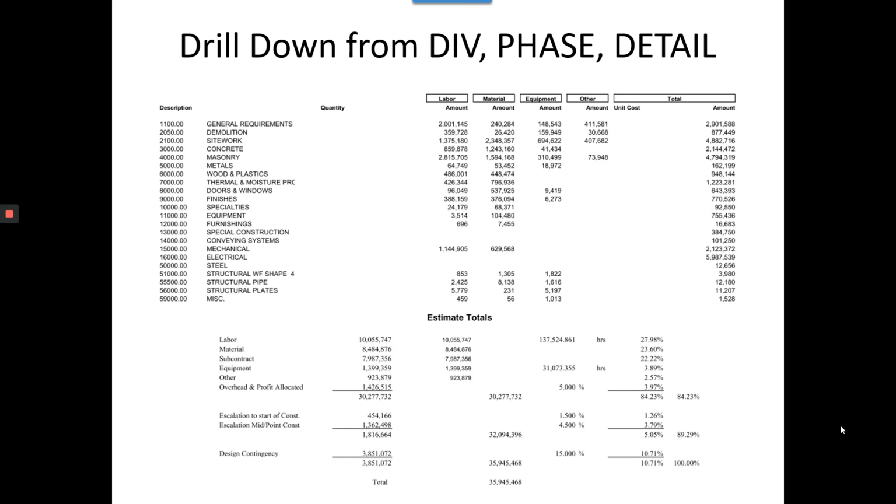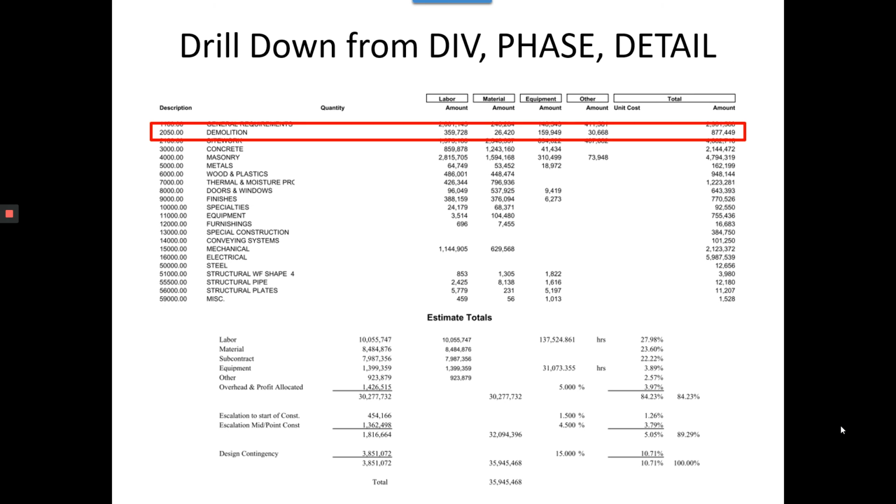So we can crank out a report by division, phase, detail. We can also produce a report by bid item, phase, detail. We can drill down. If you wanted to know what demolition cost in that $877, we could click on that, drill down, and go deeper into the estimate to see where all that came from.